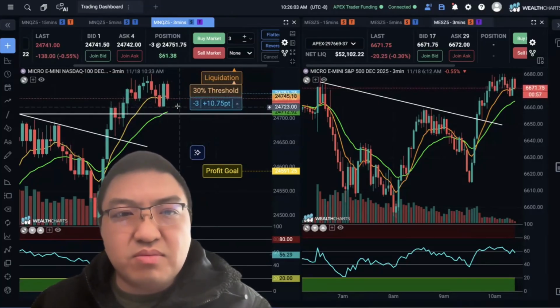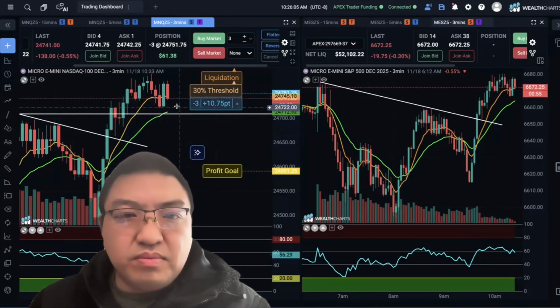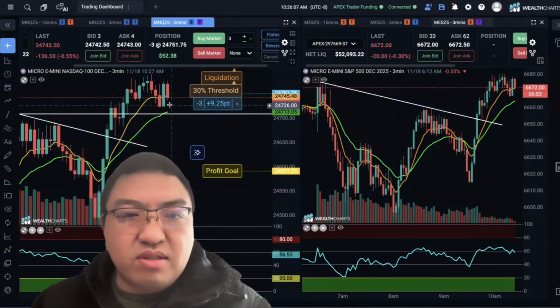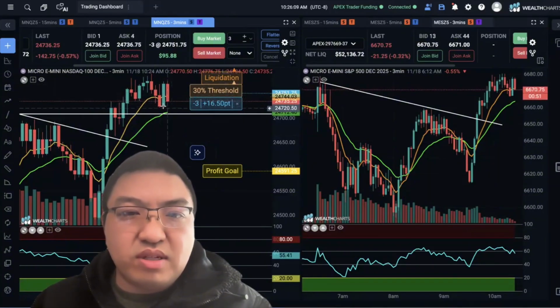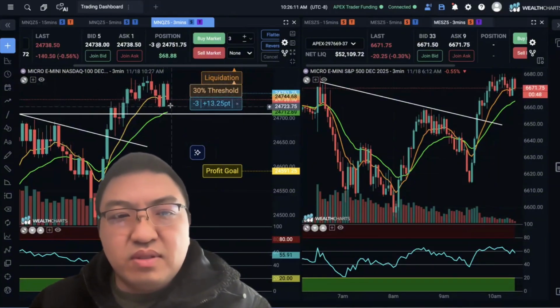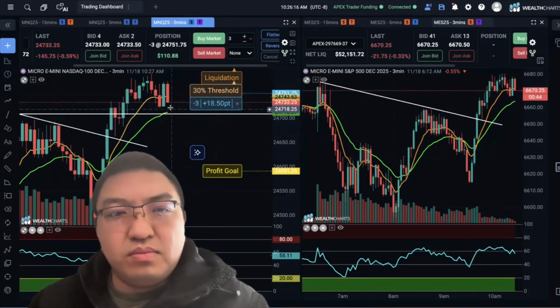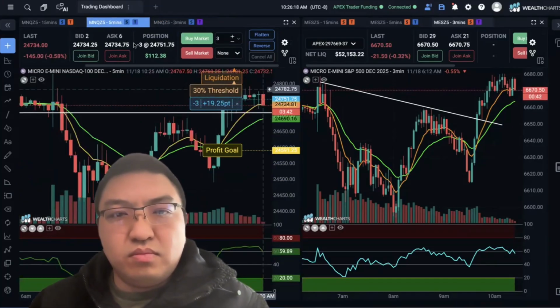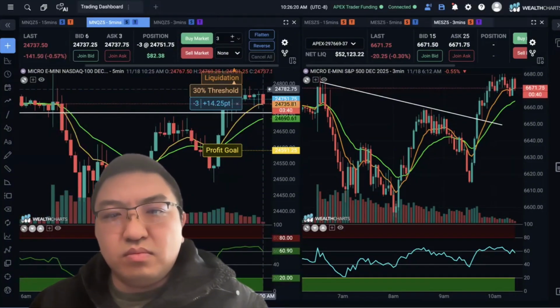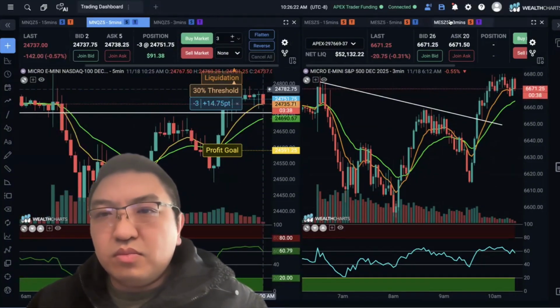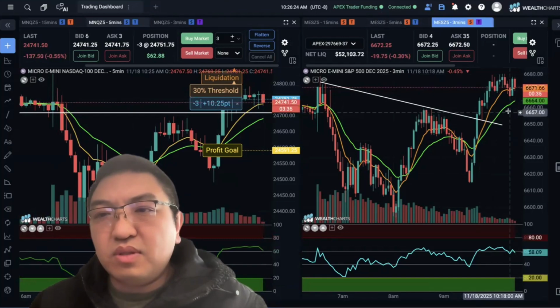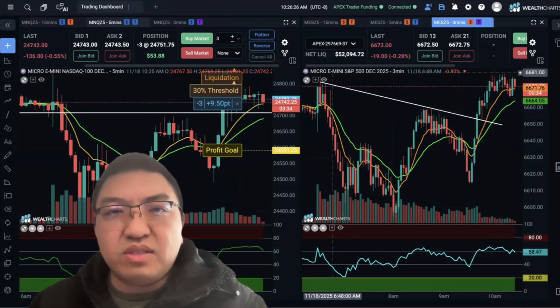Cannot tell who wins, unless this downward candle uncovers this upward candle. 3 minute, ES and NQ are on the same page.